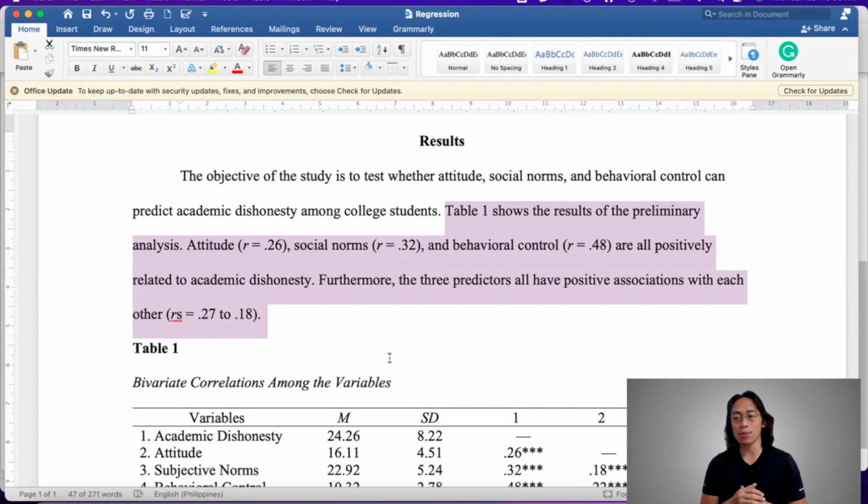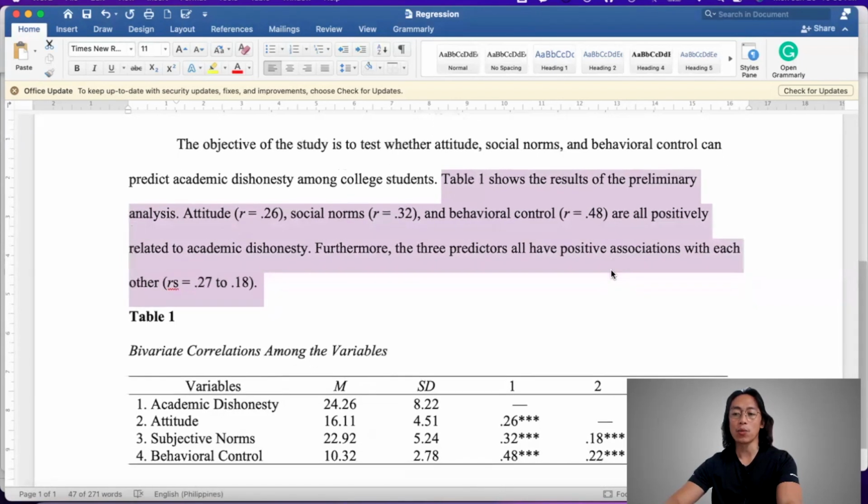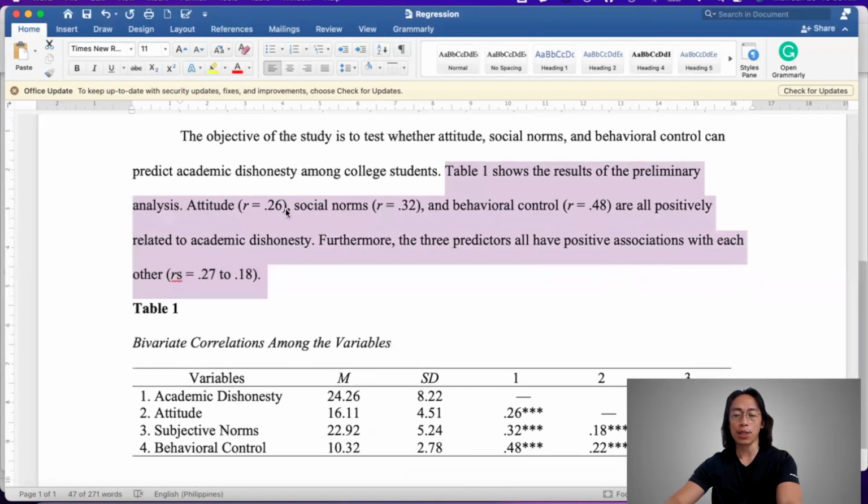Attitude, social norms, and behavioral control are all positively related to academic dishonesty. You will notice that I am reporting the statistical values adjacent to the variables that I am mentioning. You will also notice that the reporting of the statistical values is not part of the sentence structure, but rather presented within parentheses.